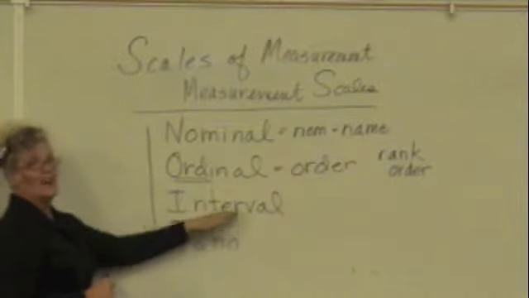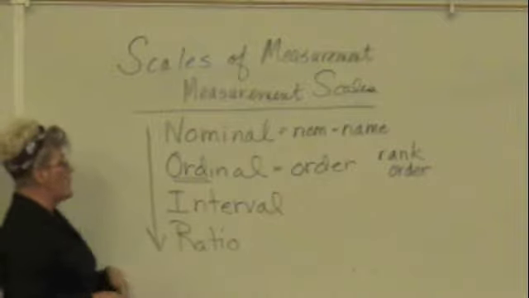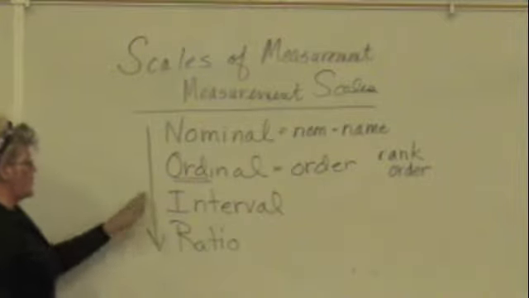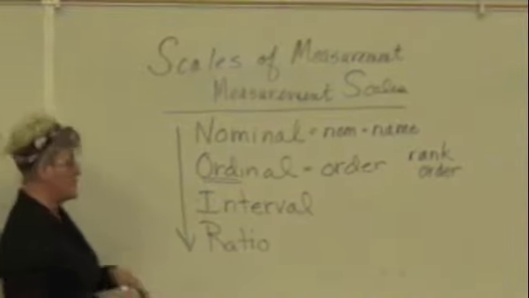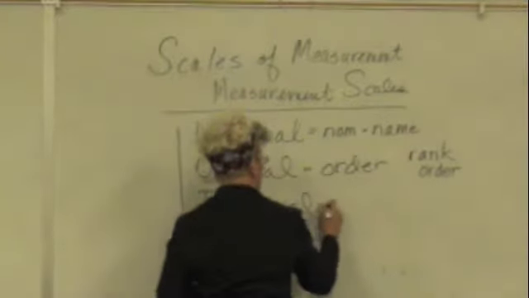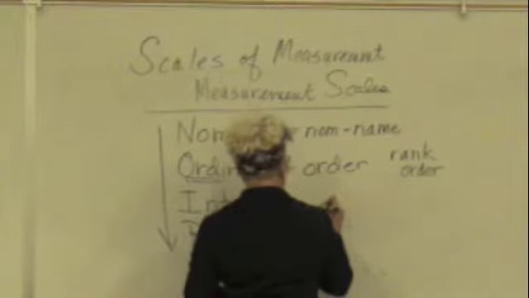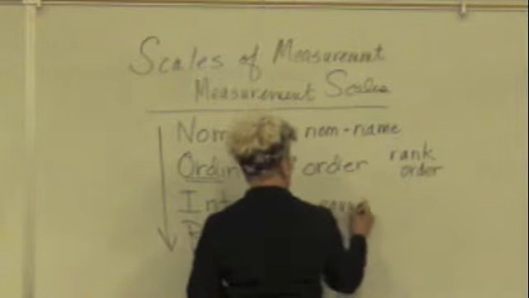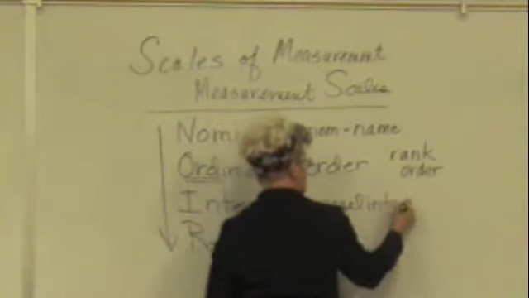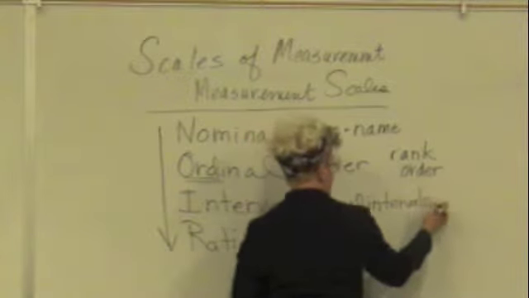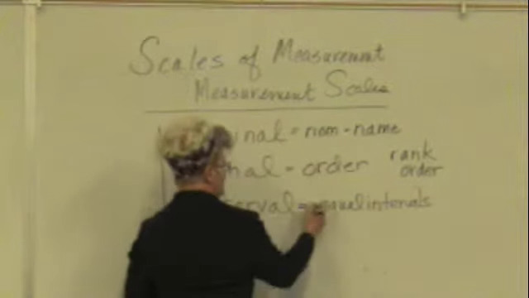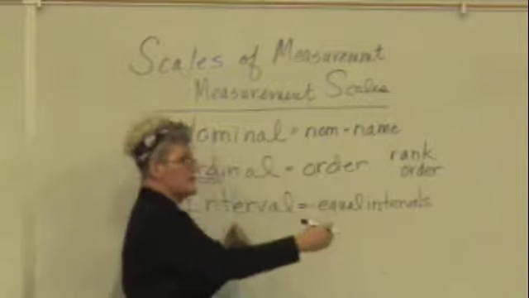Now we get into the higher orders of these. Interval and ratio are what we normally use in statistics. They're a little bit higher order numbers. Interval has equal intervals, meaning equal spaces between the numbers.